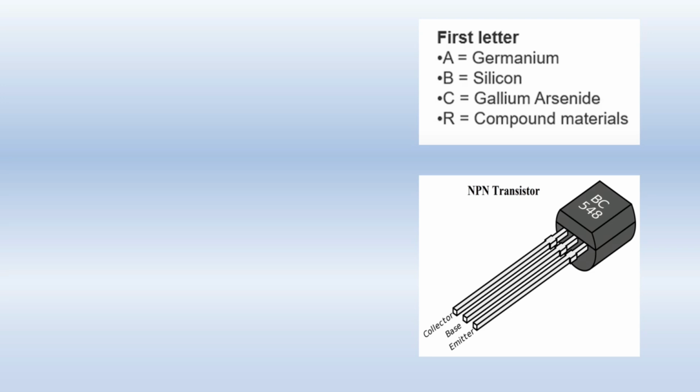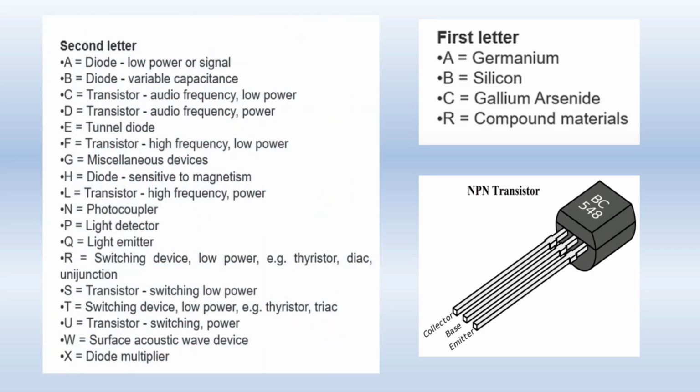It can be a mixture of all these materials or any two of them. Then we can identify the second letter, as in this diagram the second letter is C. So it means this transistor can work on audio frequency, or it is a low power transistor. Similarly, by reading the second letter, you can identify the type of transistor or its operation.